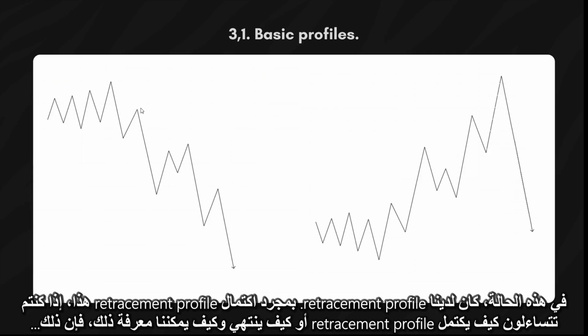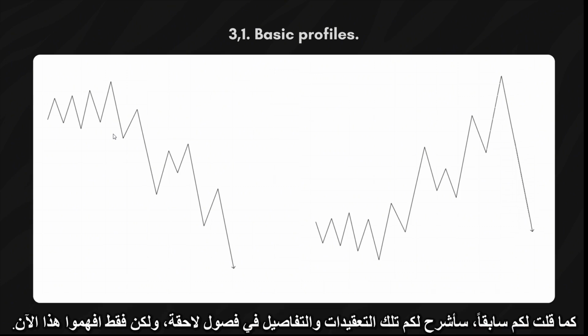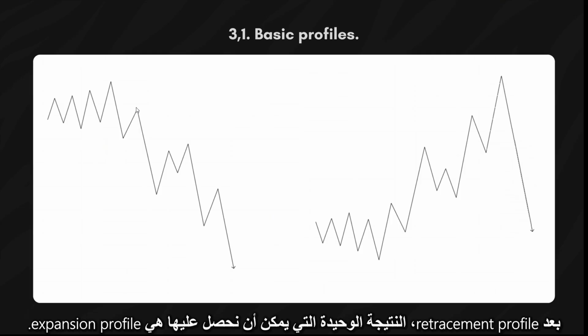Once this retracement profile is completed, if you're wondering how a retracement profile gets completed, or how it ends, and how we can know that, then just like I told you earlier, I'll explain those intricacies and details in later chapters. But just understand this for now.